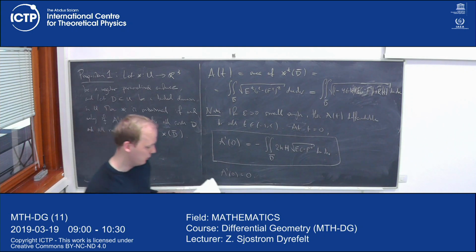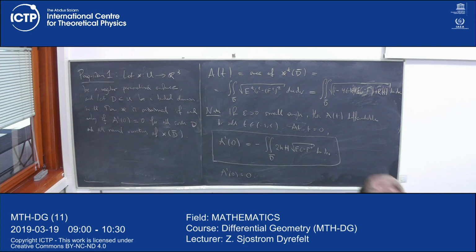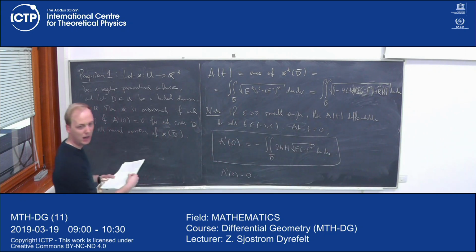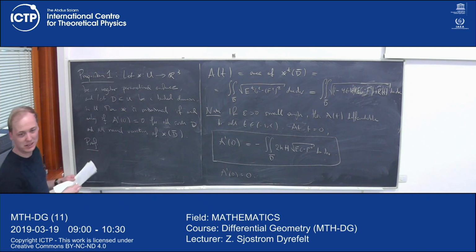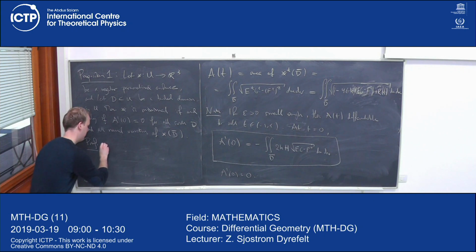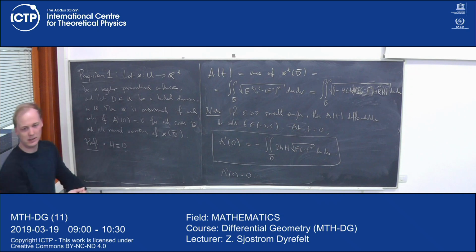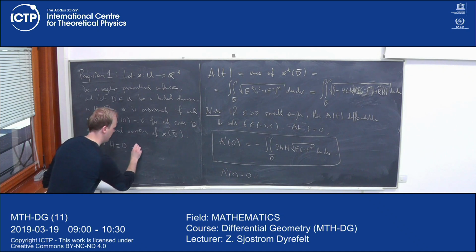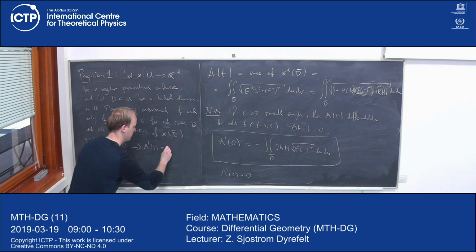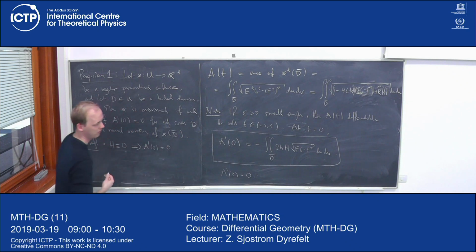Okay, so the proof is more or less immediate now that we have done this work. So the proof is as follows. So one direction is completely immediate. So the first direction, so assume that H is identically 0. So at every point of our surface, H vanishes. So this clearly implies that A prime of 0 equals 0. Why is that?